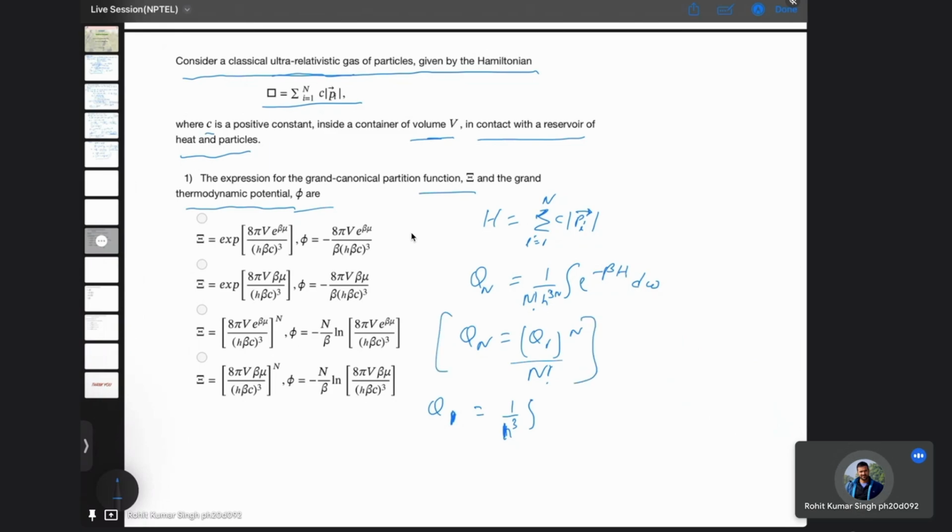And where the Q1 is given by, so for one particle the Hamiltonian will be just Cp. So Cp, and then dq and dp, right?